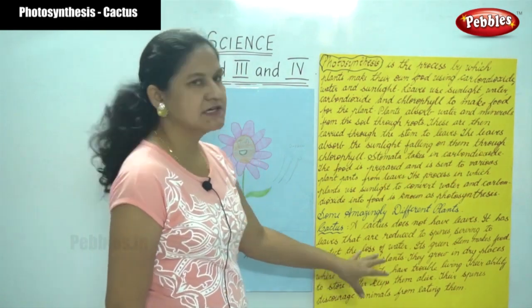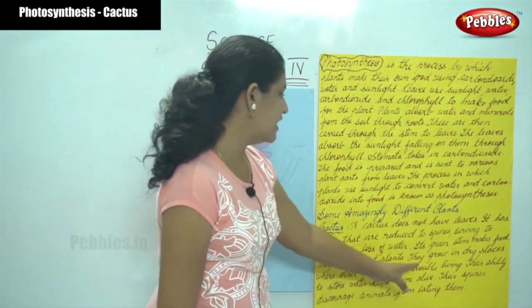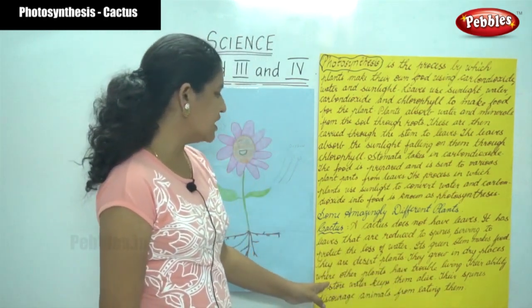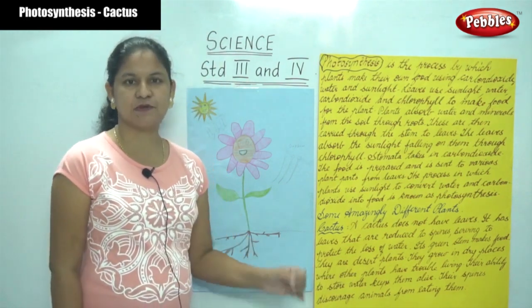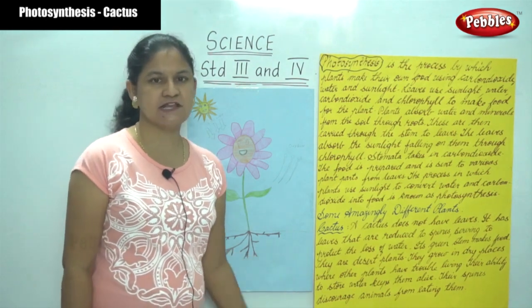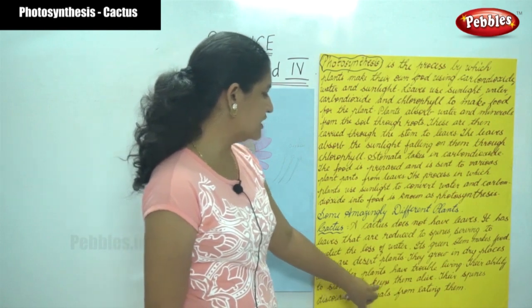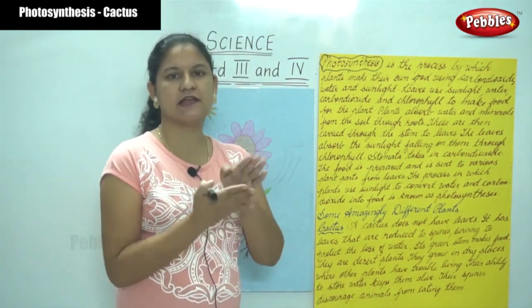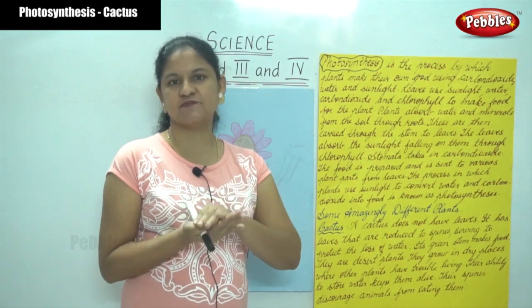They are desert plants. So cacti are desert plants. They grow in dry places where other plants have trouble living. So cactus plants grow only in dry places where other plants cannot survive. Their ability to store water keeps them alive. If you take a cactus plant, it absorbs a lot of water and keeps the water.